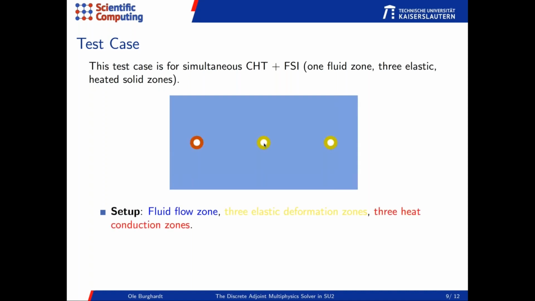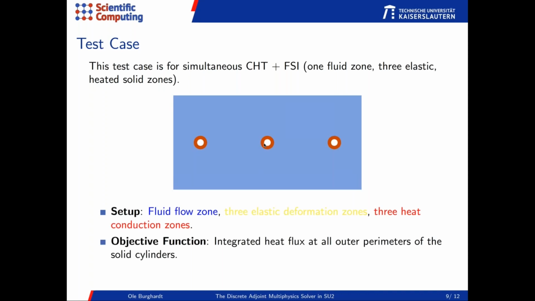And then we overlay these 3 elastic zones by heat conducting zones that will deform in the very same way as the other zones through 3 extra FSI interfaces, but which will also transfer heat into the fluid flow.